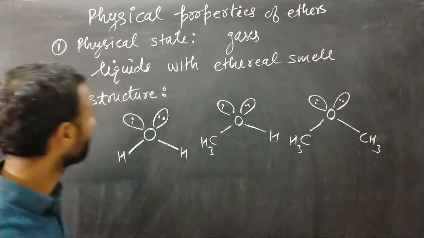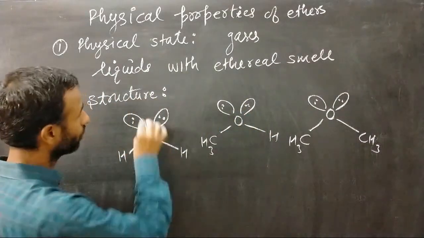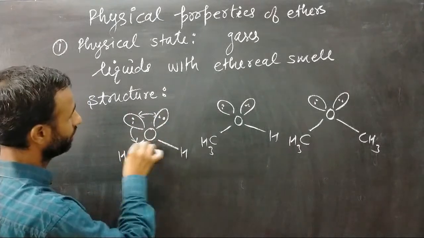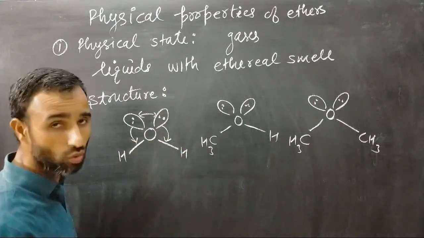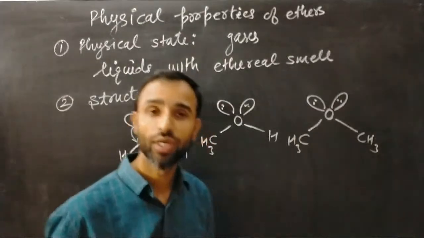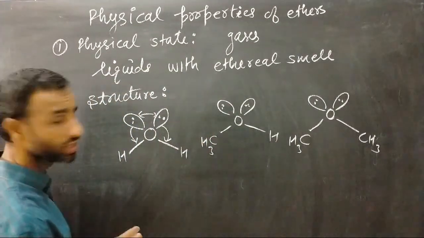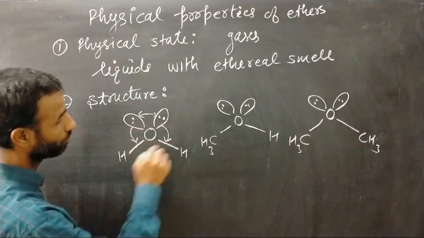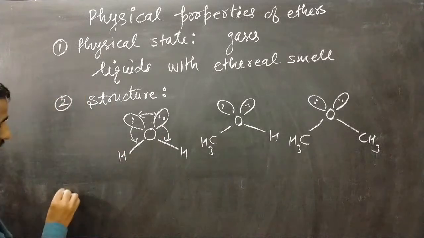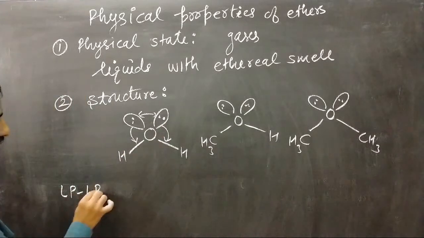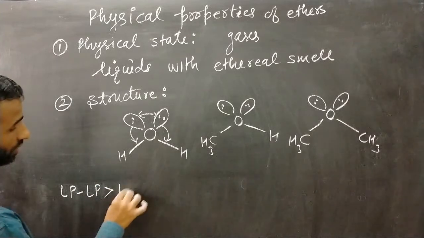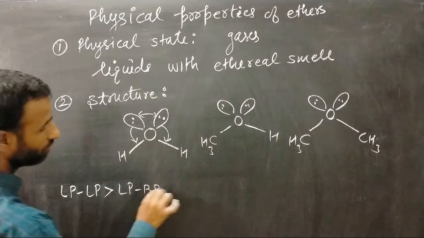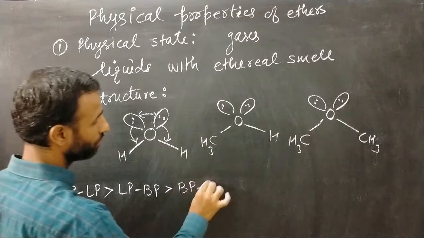Because of the presence of lone pairs, they repel bond pairs, because lone pair-lone pair repulsion is more than lone pair-bond pair, which in turn is more than bond pair-bond pair. This is the order in VSEPR theory.